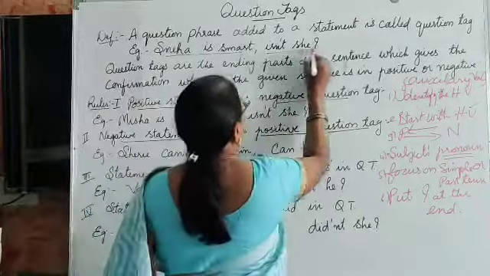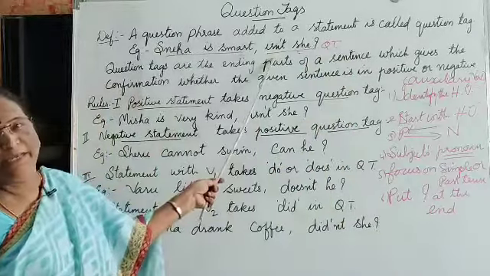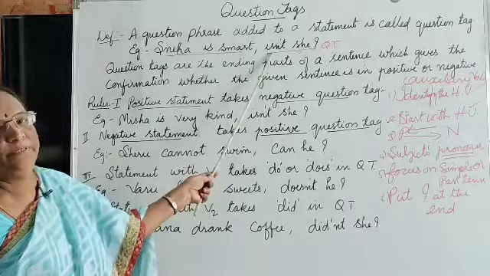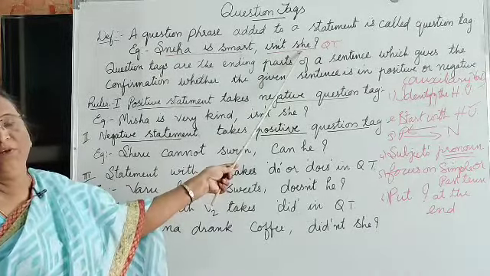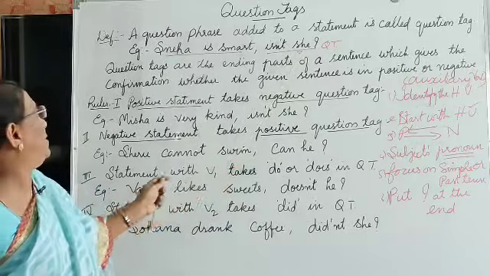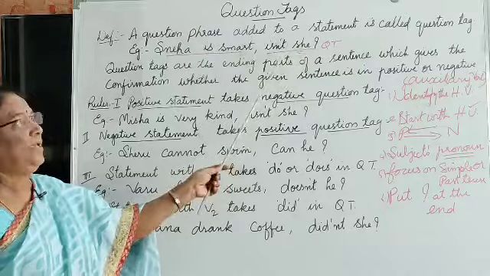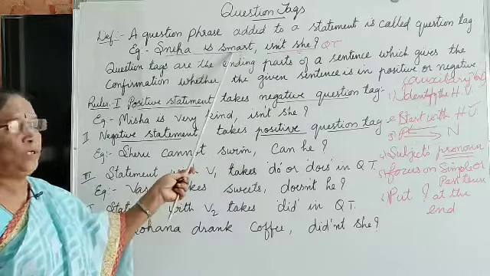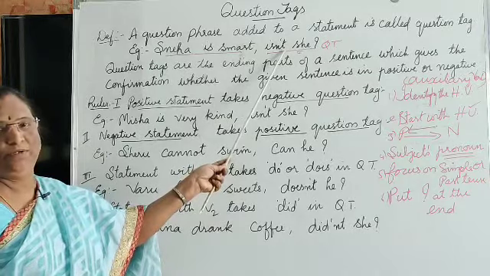This question tag has an auxiliary verb, that means helping verb, and the subject's pronoun. You have to keep this in your mind. Next, Sneha is smart, isn't she? As it is a positive affirmative sentence, we use a negative question tag, isn't it?